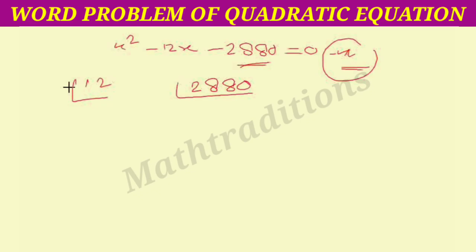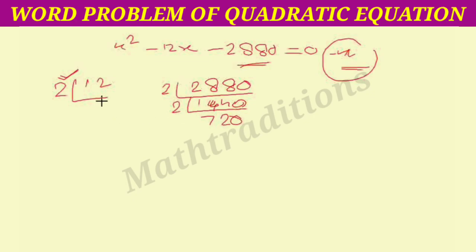The rule of the factorization is, if you take first 2, then you have to factorize this constant term by 2 two times. First I am taking by 2, that will be 1440. Second time I am taking by 2, that will be 720, and it will be x6.